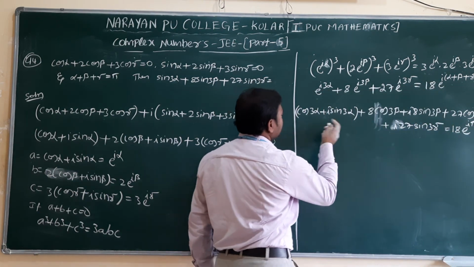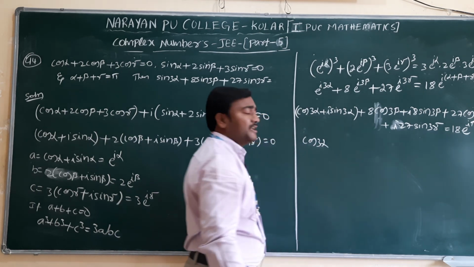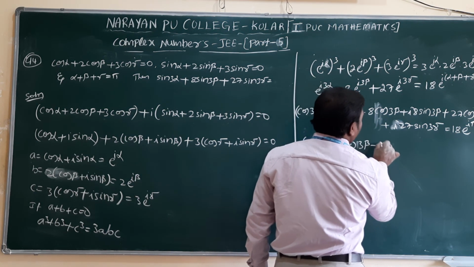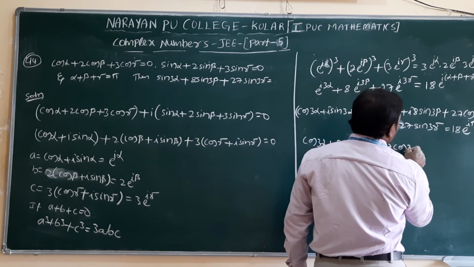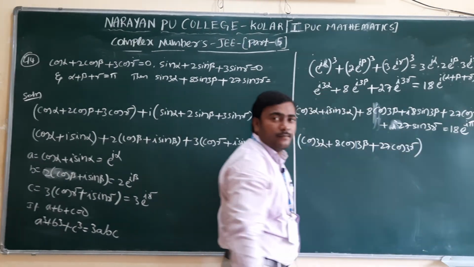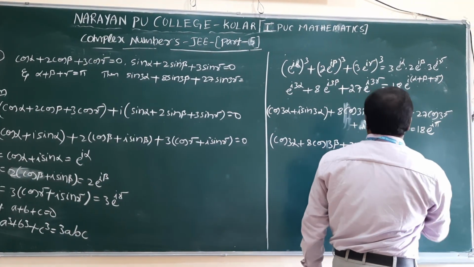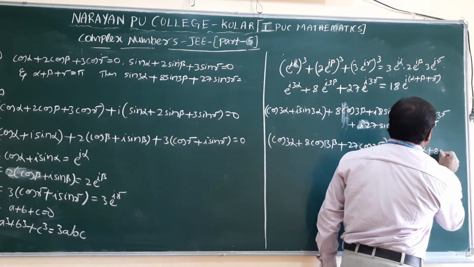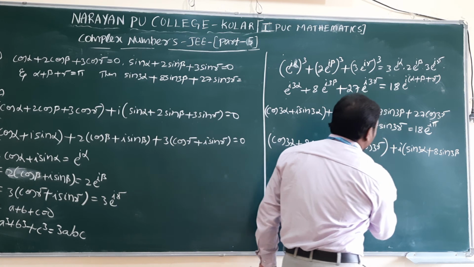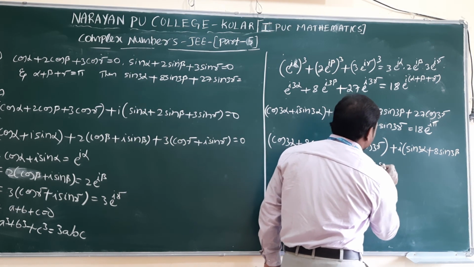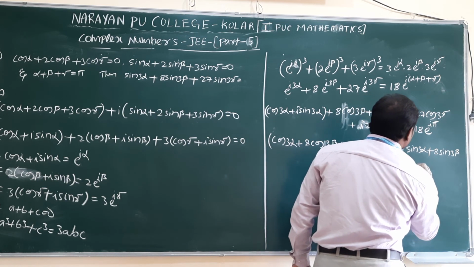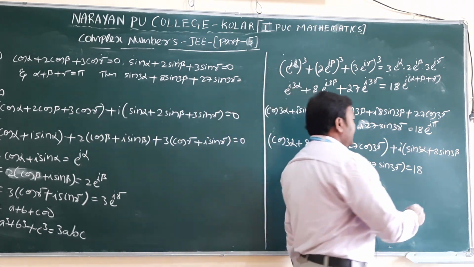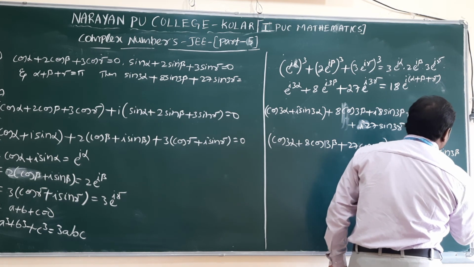Now here, separating real parts and imaginary parts: cos 3 alpha plus 8 cos 3 beta plus 27 cos 3 gamma, plus we take common i into sin 3 alpha plus 8 sin 3 beta plus 27 sin 3 gamma is equal to 18 into, already we know that e power i theta is cos theta plus i sin theta, here cos pi plus i sin pi.